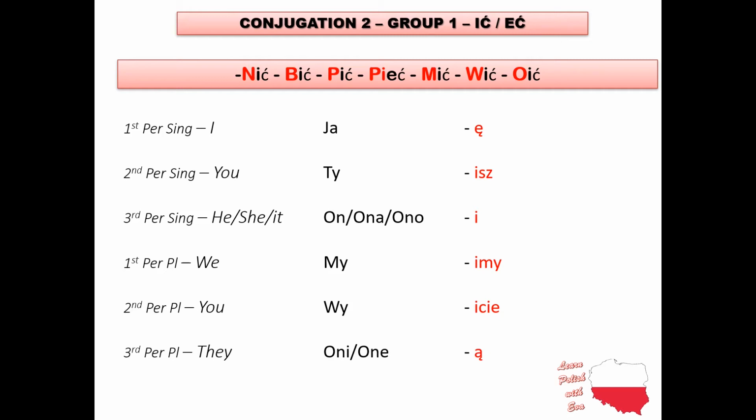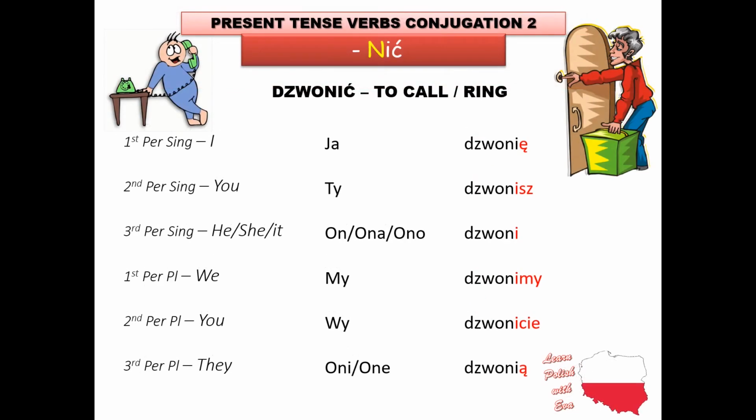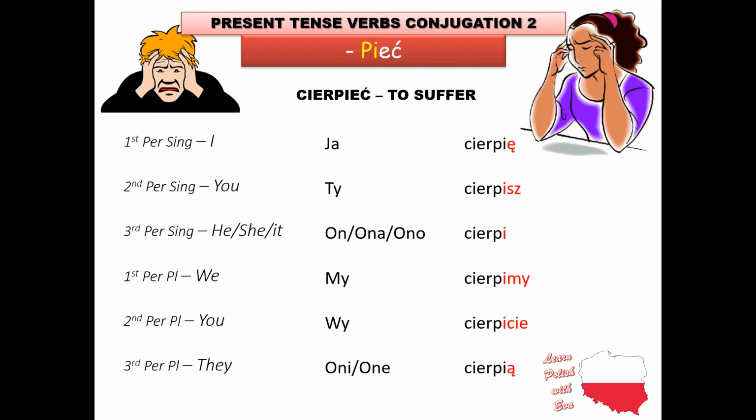If we look at the examples we looked at in the last video, we see that that's actually what we looked at. So dzwonić has the letter N preceding -ić, the ending of the infinitive. The verb cierpieć, I didn't even notice I've done that, but it does have the PI before the ending of -eć.